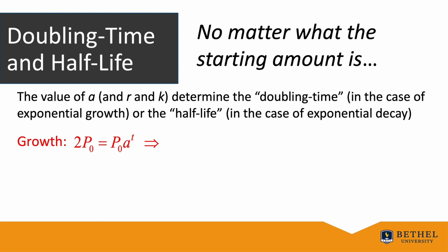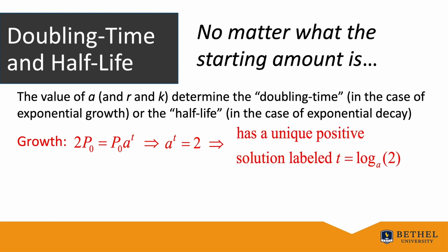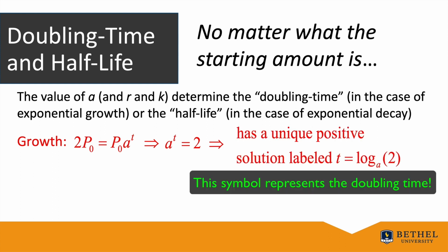In other words, p0 has doubled to 2 times p0. The p0 on both sides can cancel. The starting amount doesn't matter, making the equation become a to the t equals 2. It turns out this equation has a unique positive solution that we label t equals log base a of 2. Don't worry about what this symbol means yet.